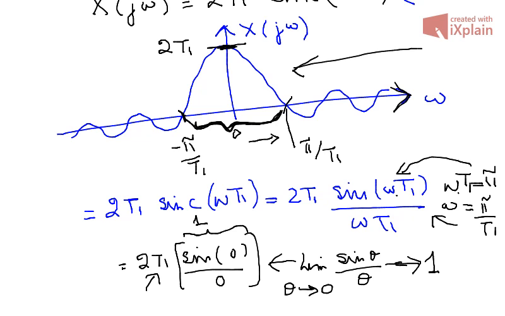So this gives you the bandwidth of this signal on the omega axis, because the Fourier transform is the frequency domain view of our signal. So this is how you can find the Fourier transform of this rectangular pulse, which is an important signal.